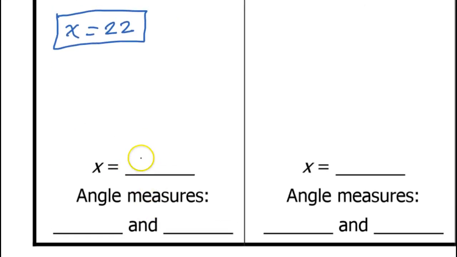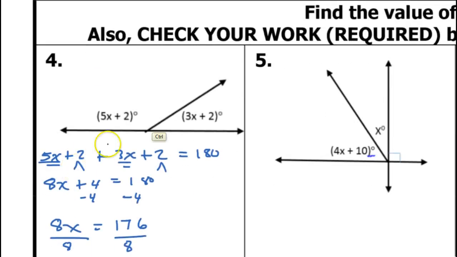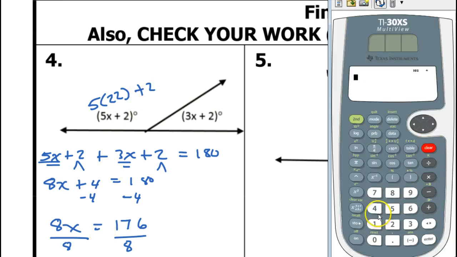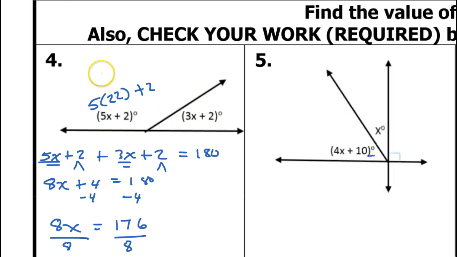Okay, now that we know that x is 22, we should be able to find the angle measures. Okay, so this first angle should be 5 times 22 plus 2. So that's going to be 112.